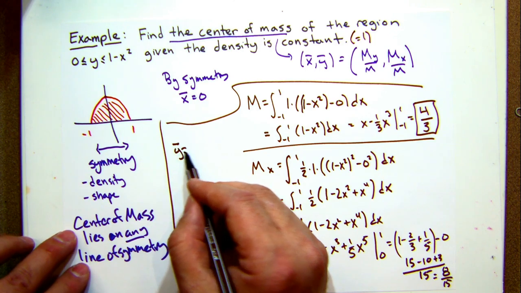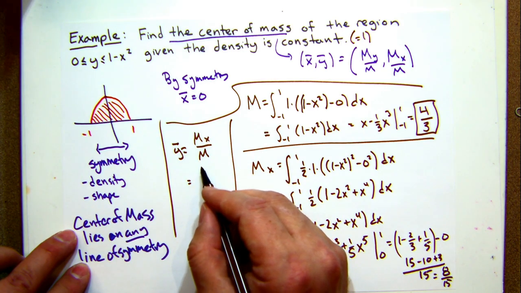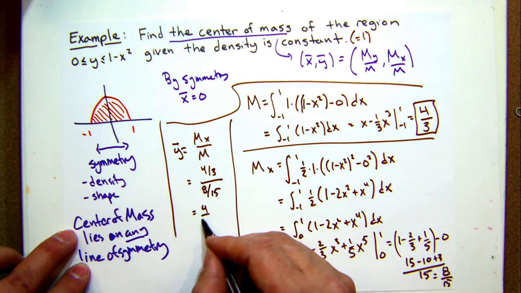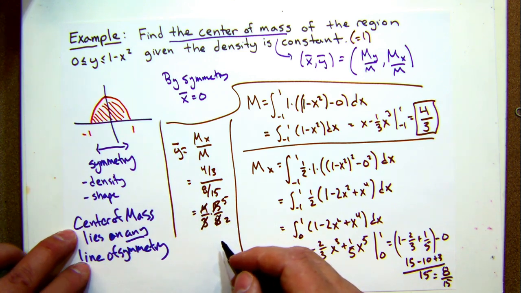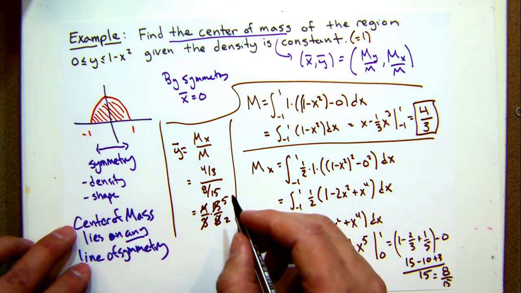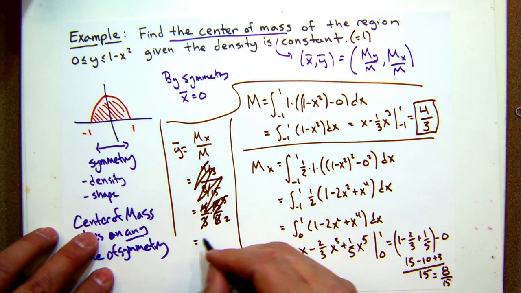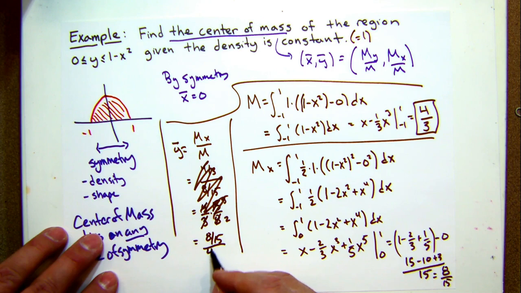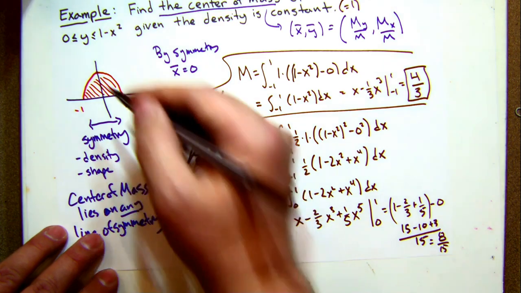Now, it's not quite the center. Now we need to take the ratio. So y bar is m sub x over m, which is 8/15 over 4/3.